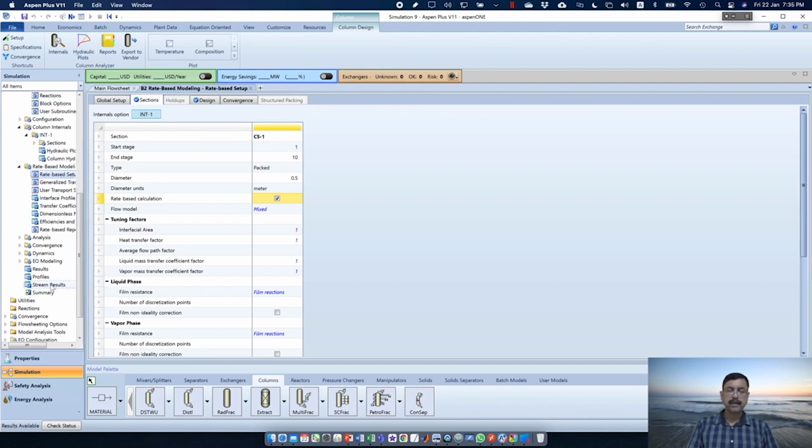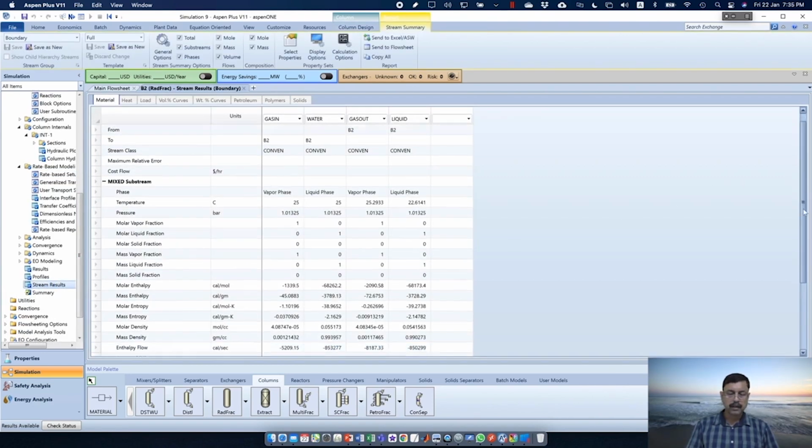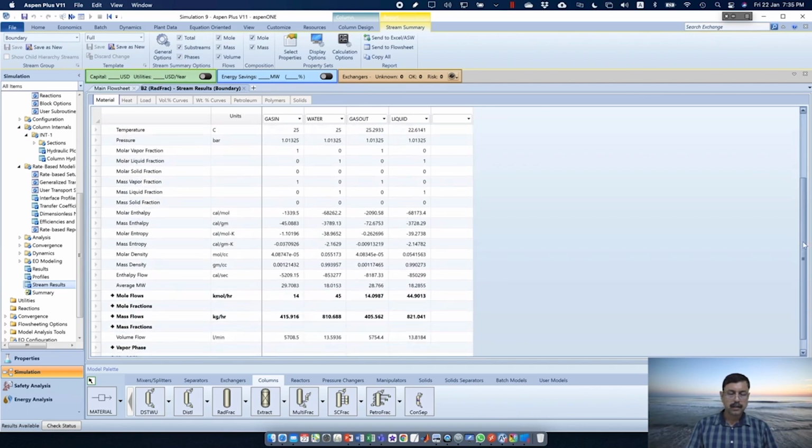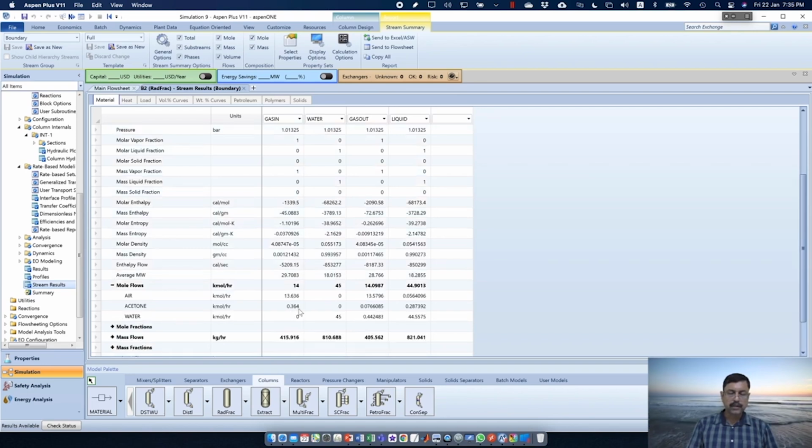These are the stream results. You can see the molar flows. Acetone, out of 0.364 kilomole per hour, 0.287 has gone into the liquid. It has been absorbed in liquid. Only 0.076 kilomole is going in the gas out.